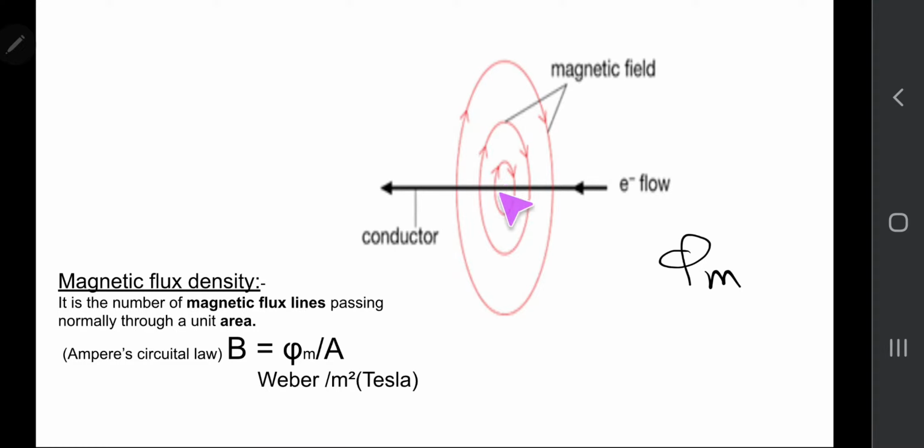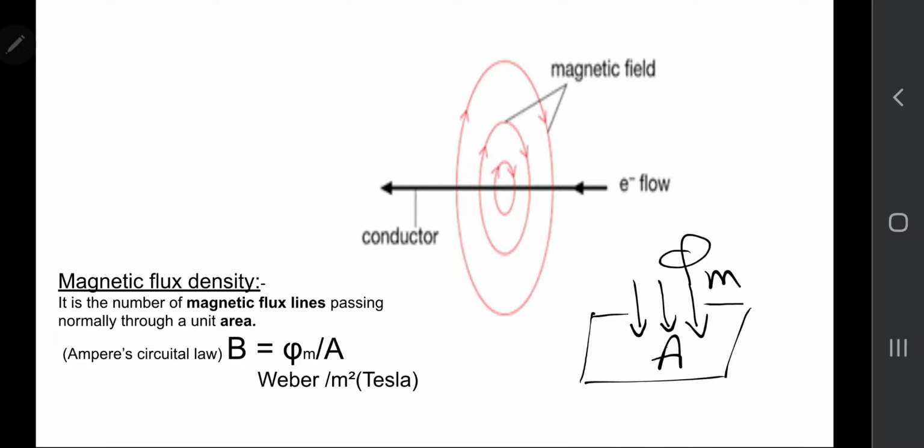The number of magnetic flux lines passing normally through unit area is called magnetic flux density. Magnetic flux density is the number of magnetic flux lines, the lines that represent the magnetic field, falling normally on unit area.